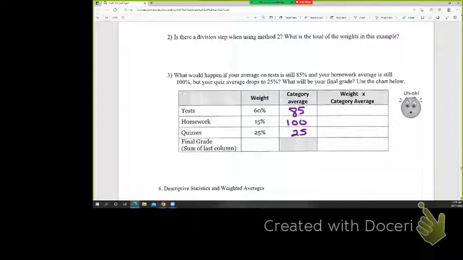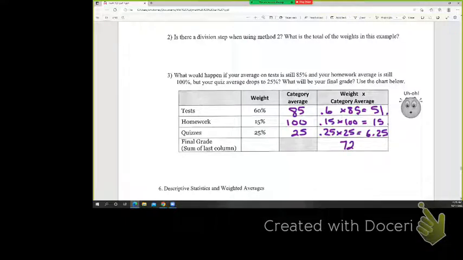We already did 60%, which is 0.6 times 85, and that was 51. We still have our 15% of 100, that's not changing. But now on quizzes, I've only earned 6.25. We add these together: it's like adding $51, $15, and then $6.25.